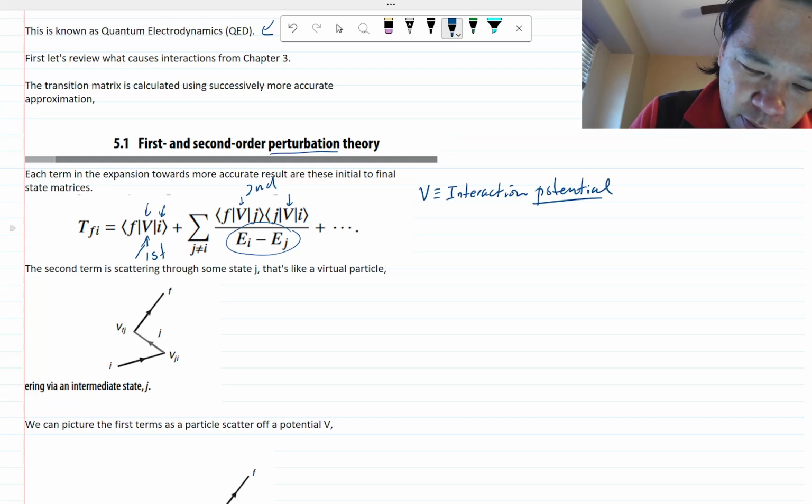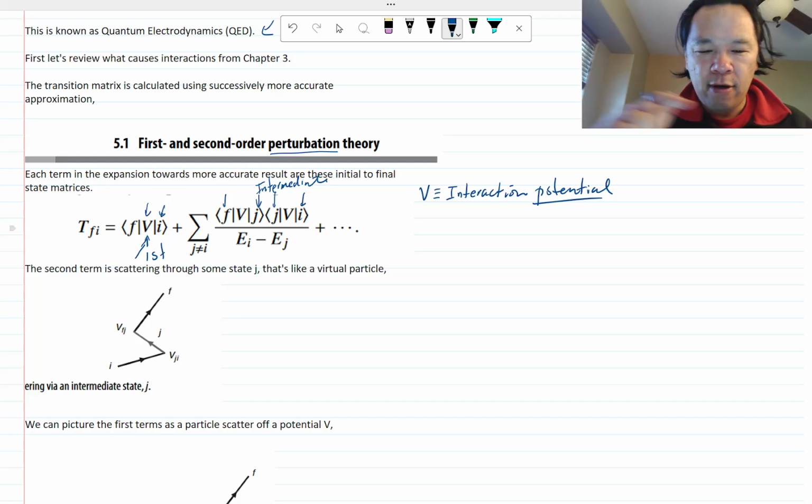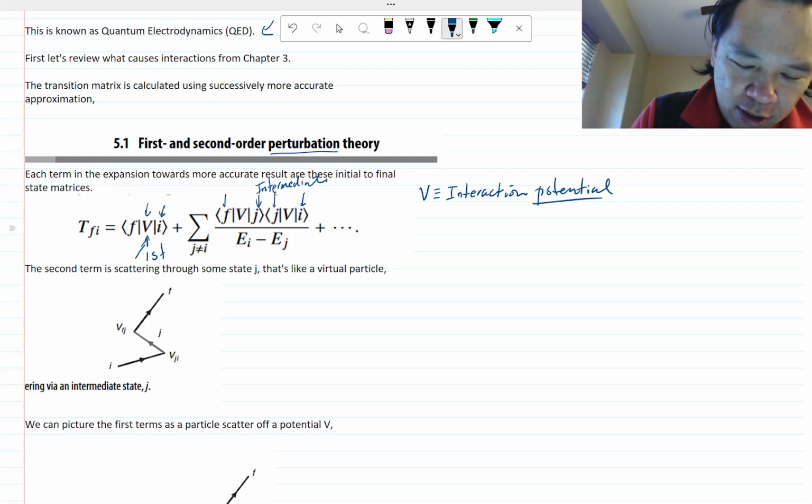Here I is the initial state and F is the final state, mediated by some intermediate state J. I know J is not between I and F, but hopefully this J is just some index that we're going to carry around.